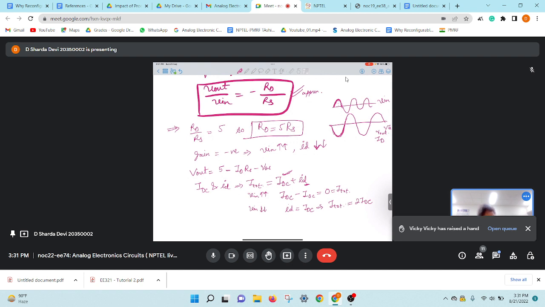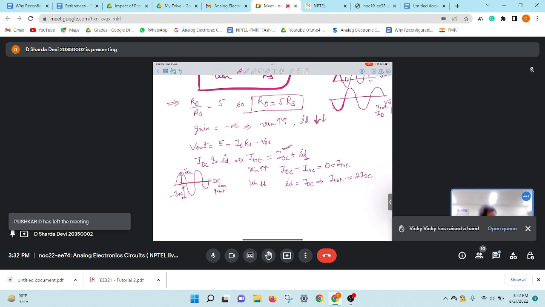Since it is an AC signal, if this is IDC, then this will be minus IDC. Think of it in this manner, and this is the DC bias point. For the condition when I total becomes twice IDC, at that time Vn is actually very low.